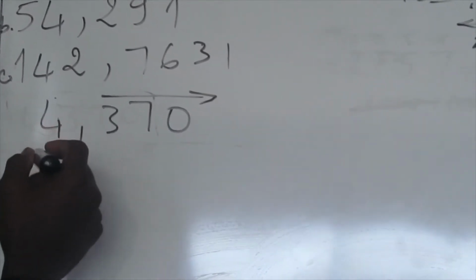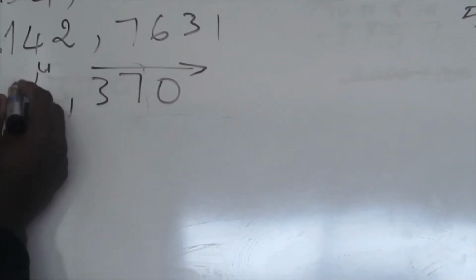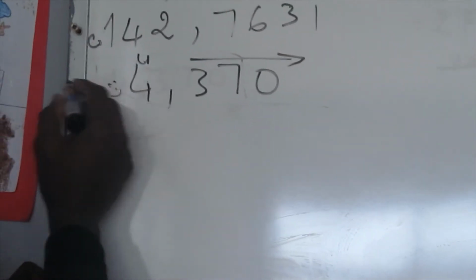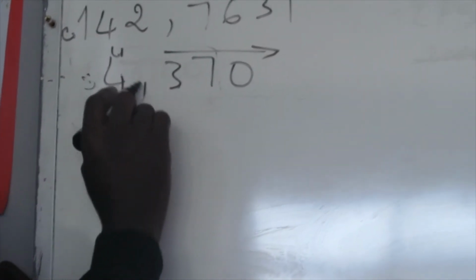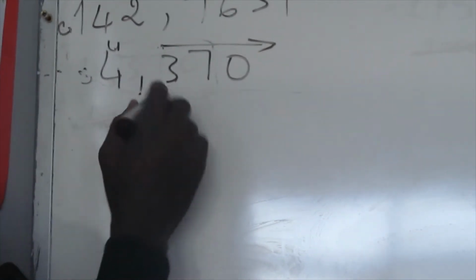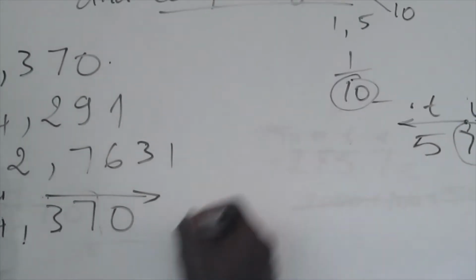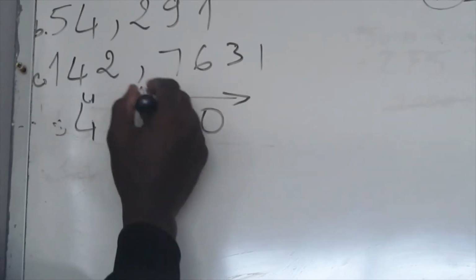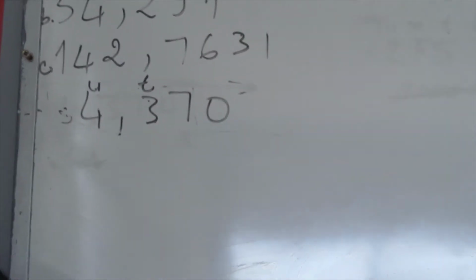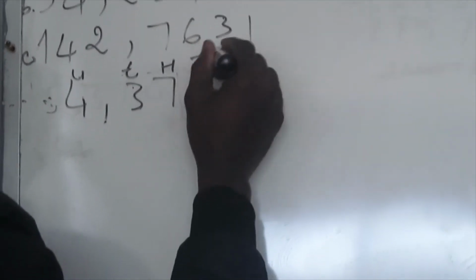The first one here is a unit. After the comma, we start from our left going to our right. After the comma we don't have the units anymore, because decimal means divide by 10. Meaning the first digit is our tens, the second digit is 100, and the third digit is 1,000.